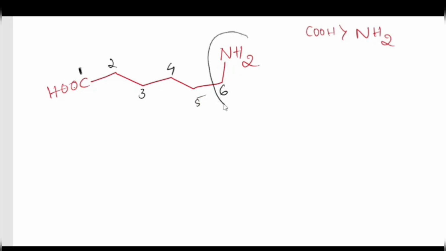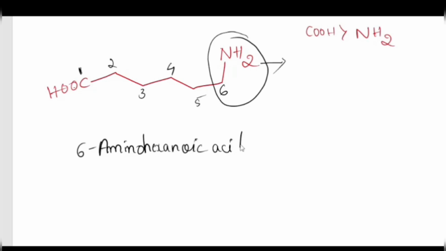First of all, for amines we have to add a prefix, and what is the locant of this? 6 is there, 6-amino. The root word is hex, and this is oic acid. It is 6-aminohexanoic acid. This is the IUPAC nomenclature for this particular compound.